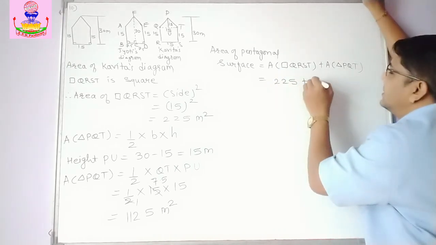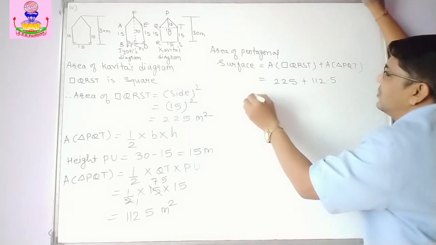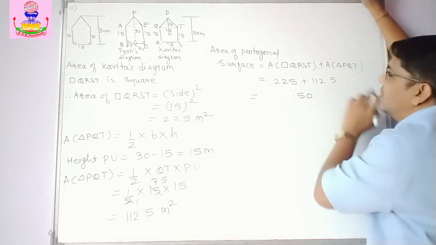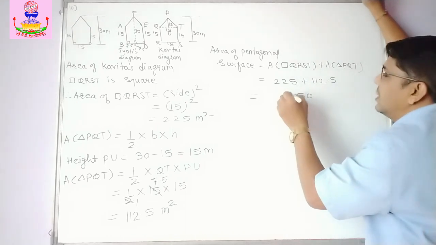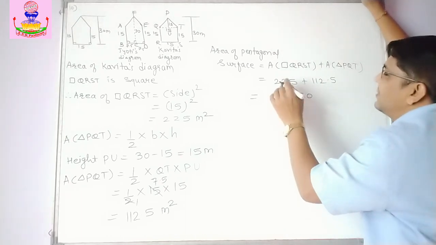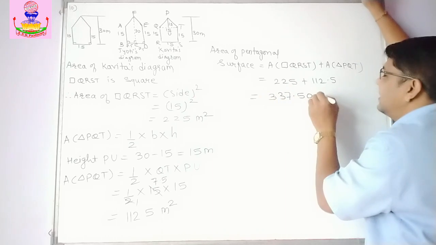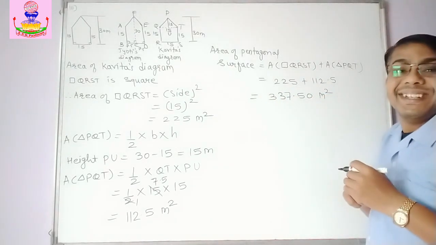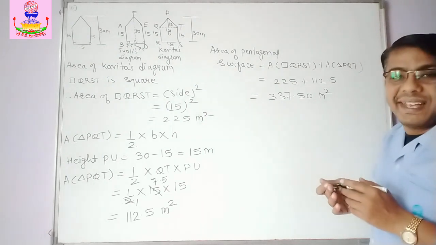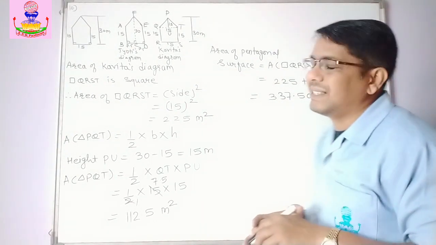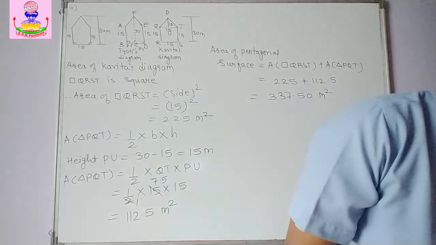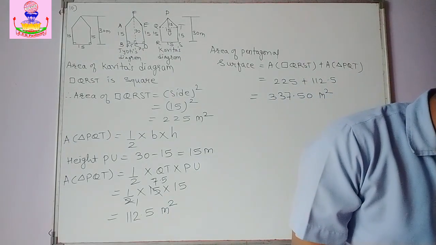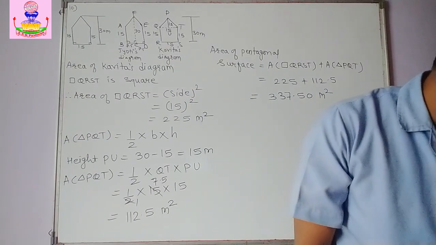So 225 plus 112.5. 5 plus 2, 7. 2 plus 1, 3. 2 plus 1, 3. So 337.50 meter square. Oh my God, what do you find? Is it the same? Yes, it has to be. It is the same.